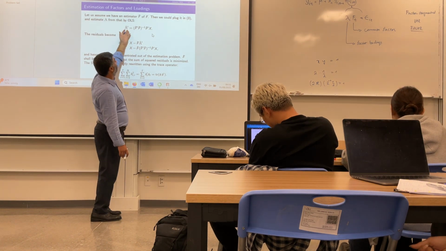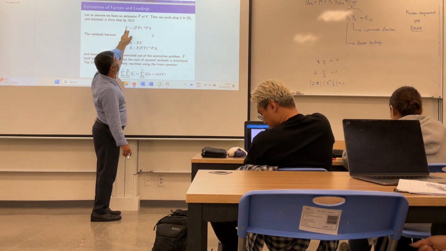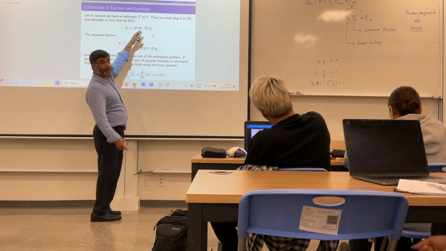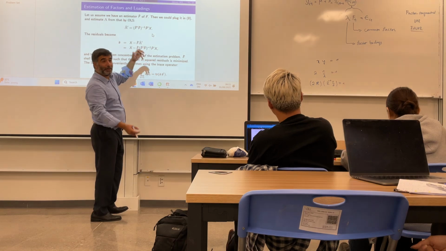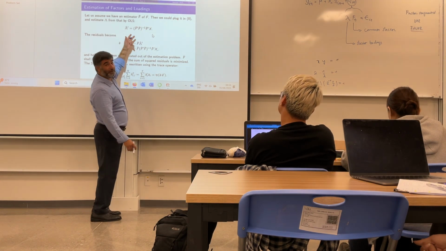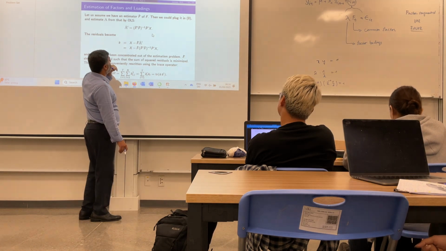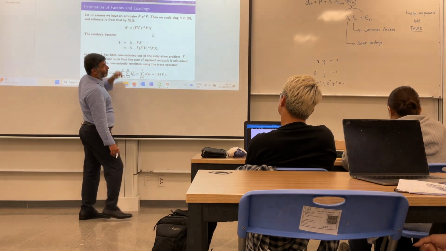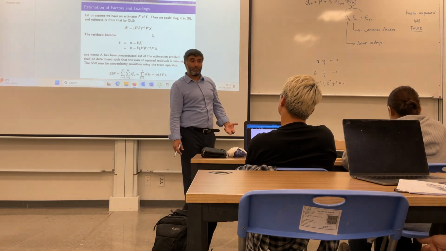If I can get lambda as a function of F, well, these are tildes, so they are not known yet. But that actually says that lambda and F should be related like this. Then I can get the residual of the regression.